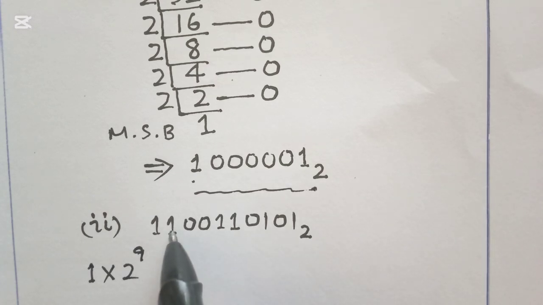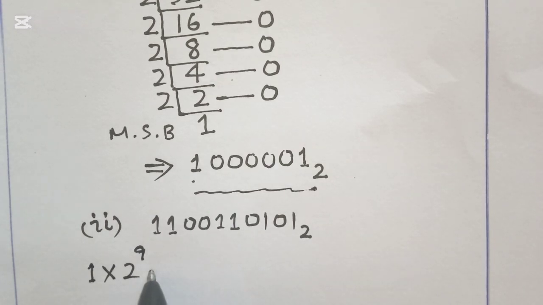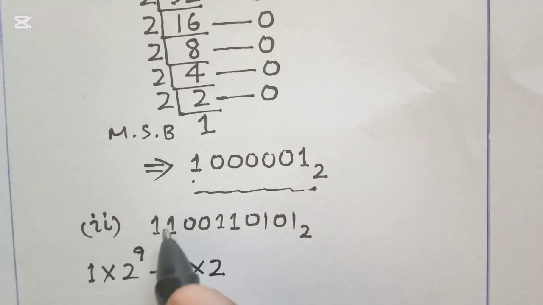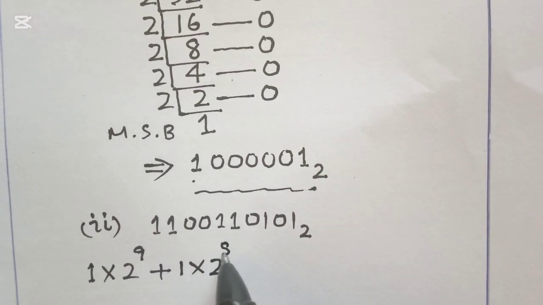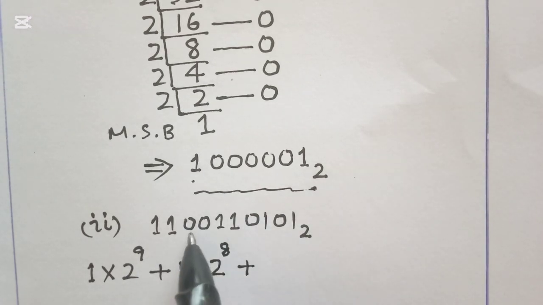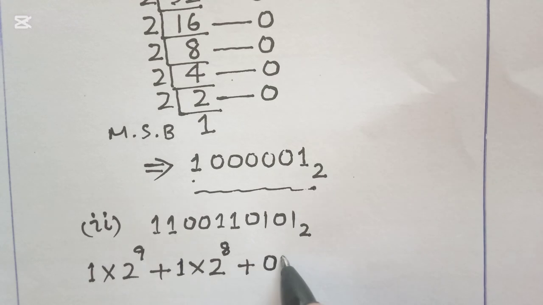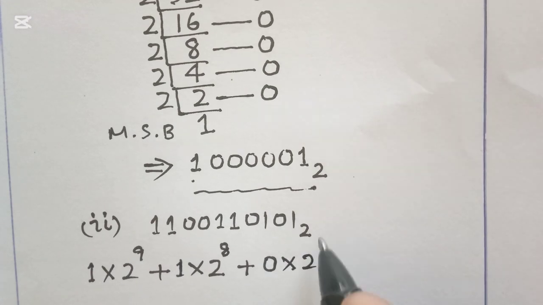We come to this other one. Here we shall write a plus 1 multiplied by 2 raised to 8, because that is the 8th number. Plus, we come now to the 7th number, which is 0. So we shall write 0 multiplied by 2 raised to 7, 7 being its position.